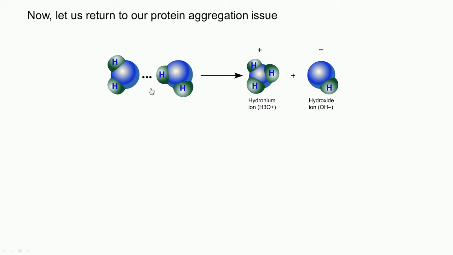We have water here, H2O, and there is hydrogen bonding between water molecules that we know now. A small part of it is ionized at any time into hydronium ions, H3O plus, and hydroxide, OH minus.